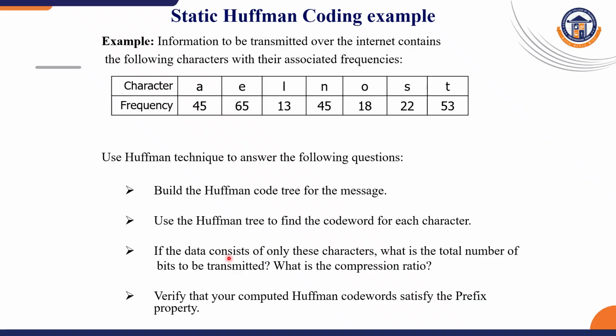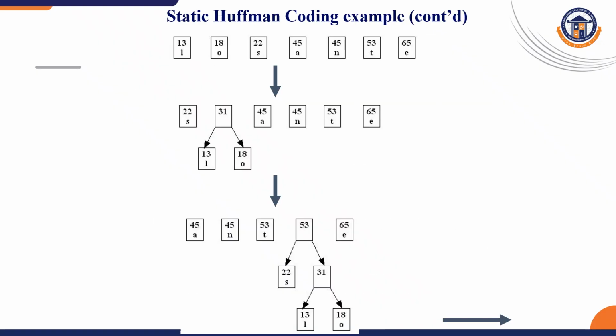For example, for the static code, the characters A, E, I, N, O, S, T are given, along with their frequencies. Then build the tree and find the code word for each character, and the total number of bits to be transmitted for the data consisting of these characters. Verify that the computed Huffman code satisfies the prefix property.